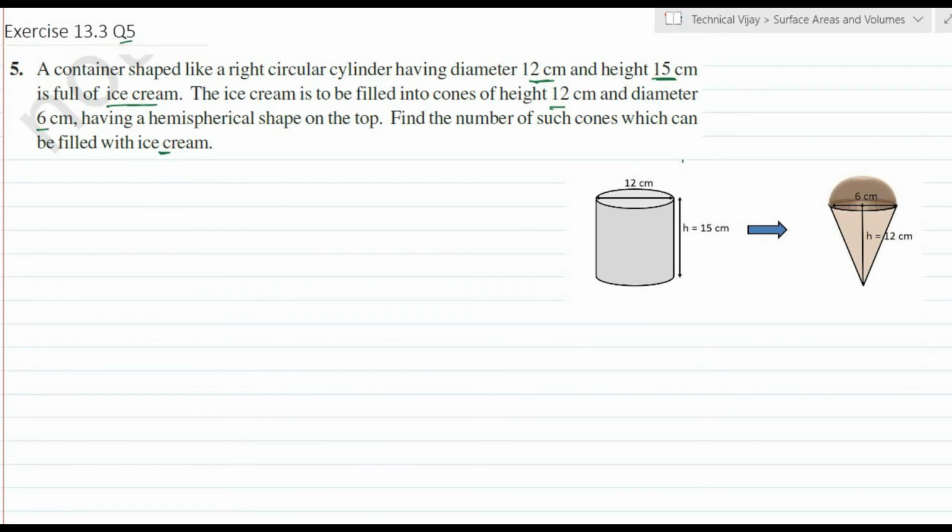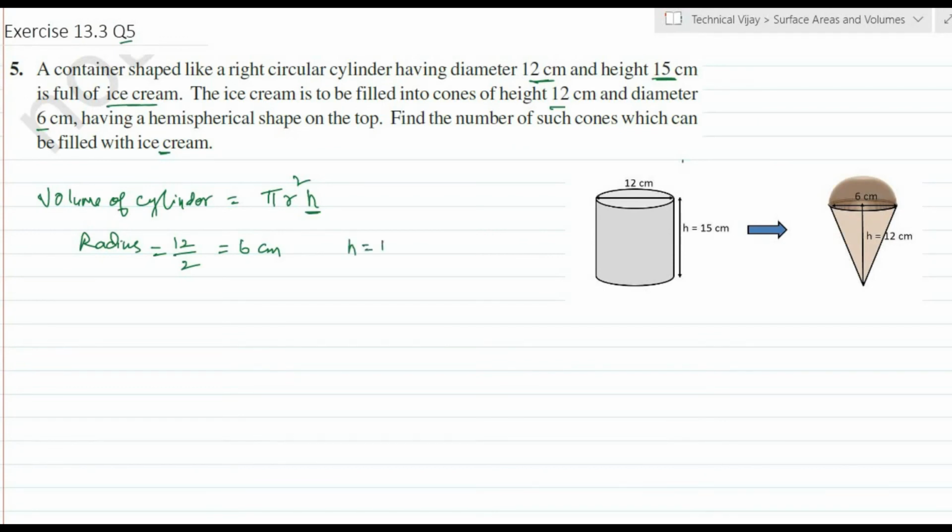So now first we will calculate the volume of the cylinder. Volume of cylinder is equal to pi r square h. Here r is the radius. The diameter he has given is 12 centimeter, 12 divided by 2, which is equal to 6 centimeter. The height of the cylinder is equal to 15 centimeter.